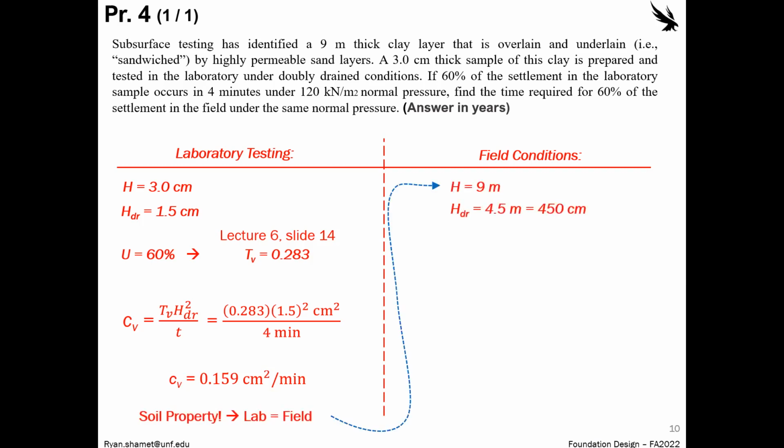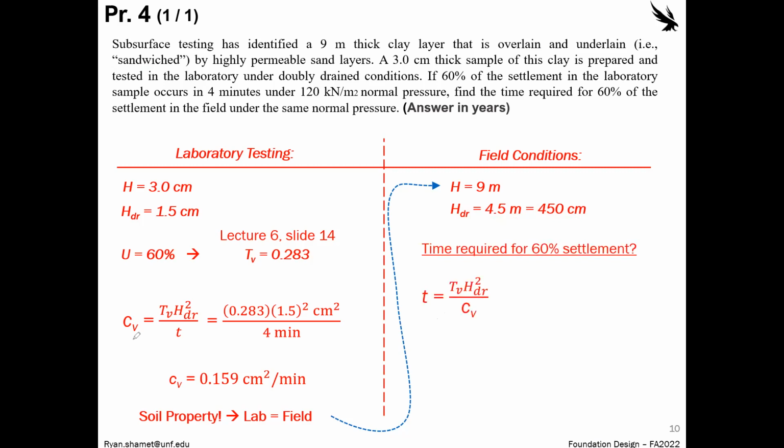For our field condition, we have a 9-meter thick layer of clay, underlain and overlain by permeable sand. So it's sandwiched, which means it's doubly drained. I'm going to put it in the same units so we can correspond it with our CV value. We're asked to find the time required for 60% settlement.